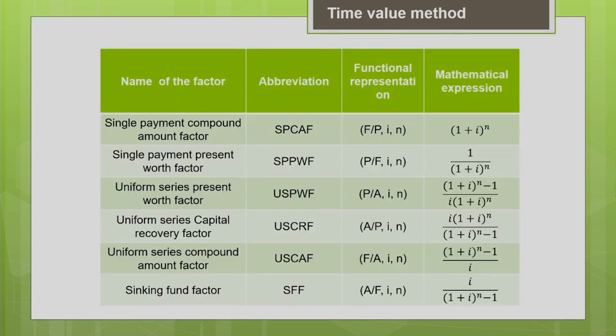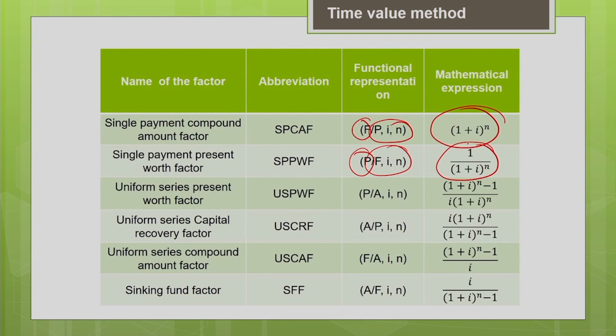So let us now summarize the different compounding factors which we have learnt. Single payment compounding amount factor, to determine F for known P, I and N. So F is made equivalent to P by using this factor. Single payment present worth factor, to determine P for the known F, I and N. P is made equivalent to F by this factor.